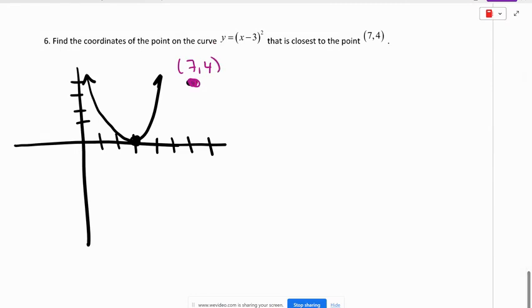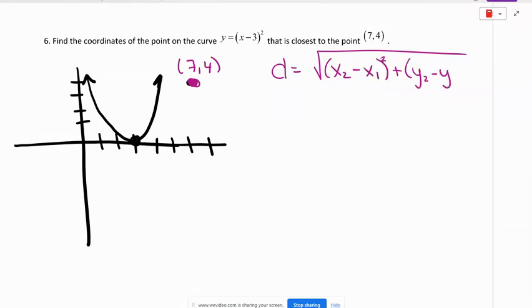Because I'm talking about the distance between 2 points, what do I have to use now? The distance formula. Yes, the distance formula is going to be the square root of (x2 minus x1) squared plus (y2 minus y1) squared. Now we have a couple of things here. We have the point (7, 4), and we have y equals (x minus 3) squared.